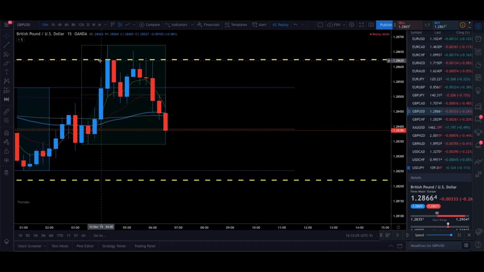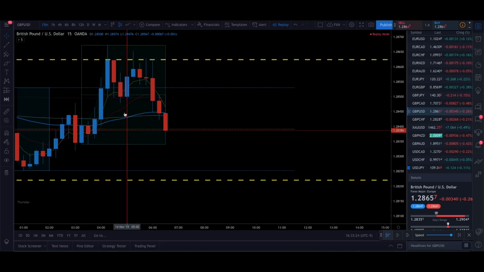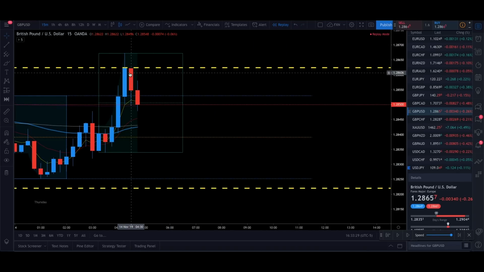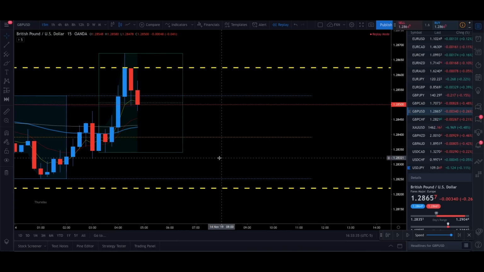Ideally, the whole point of you waiting for a second leg, M or W, inside of this box is because it basically gives the 5 and 13 a chance to catch up to price. So if you look at where price is when it creates a first leg of a potential M, the 5 is right there, and the 13 is way separated from price.